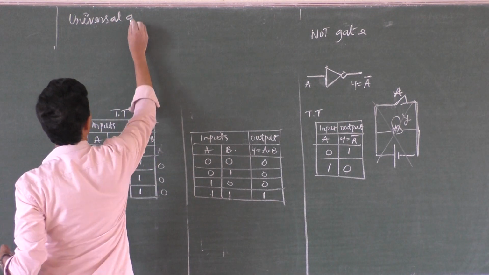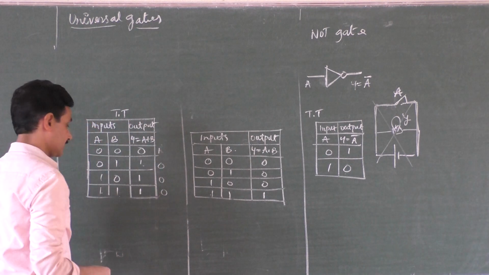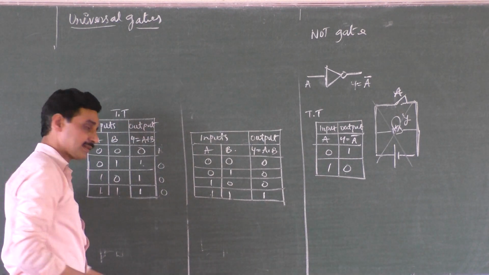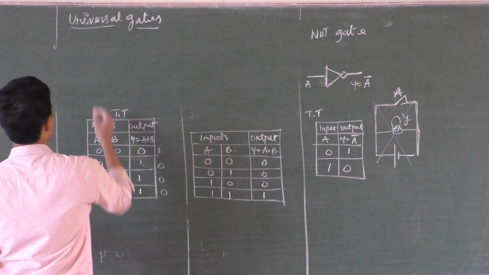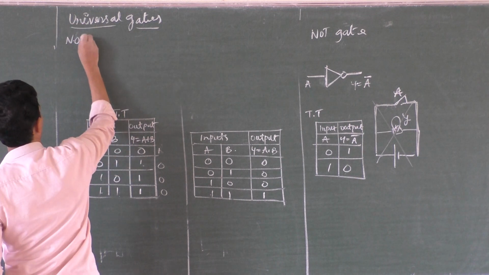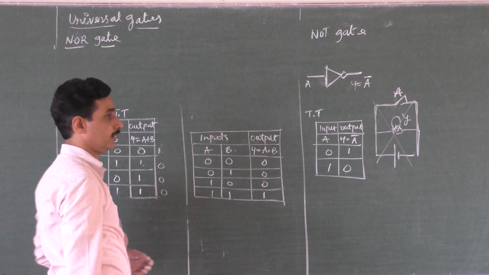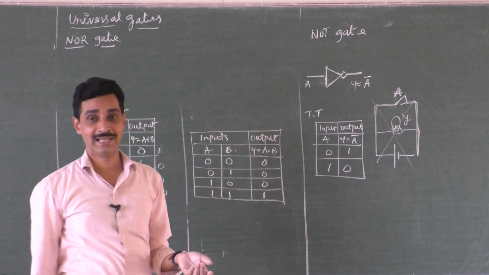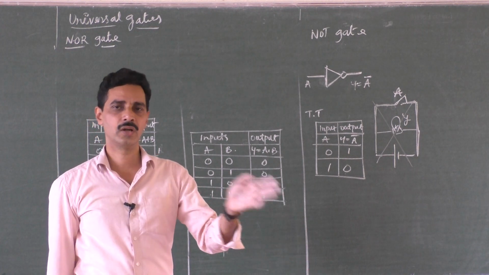Yes, universal gates. What are universal gates? NAND and NOR gates are called universal gates because you can construct any type of gate using NAND and NOR gates. Now, how do you construct a NAND gate? This is NOR. I will take NOR gate. What is NOR gate? If the output of an OR gate is connected to a NOT gate, the resulting logic circuit is called NOR gate.